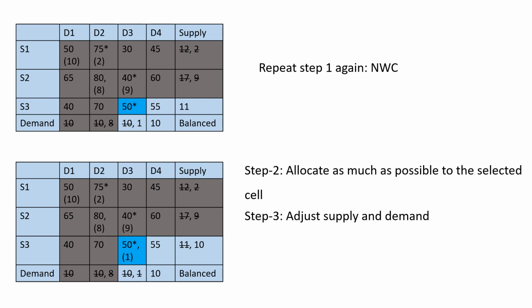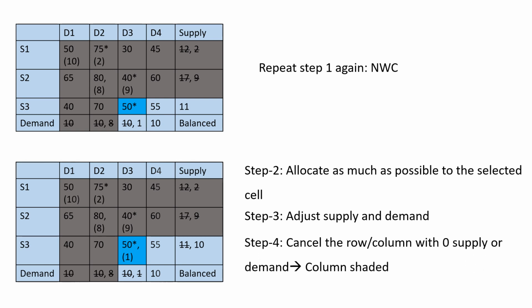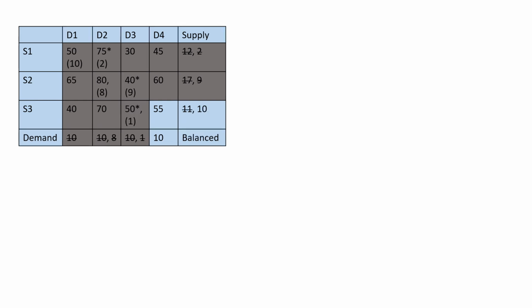So then we have to cancel out the column because the demand is already achieved, so we have to highlight. And the remaining cell is, as you see, only 1. So the northwest corner is itself, that's 55, and the corresponding numbers are 10 and 10.